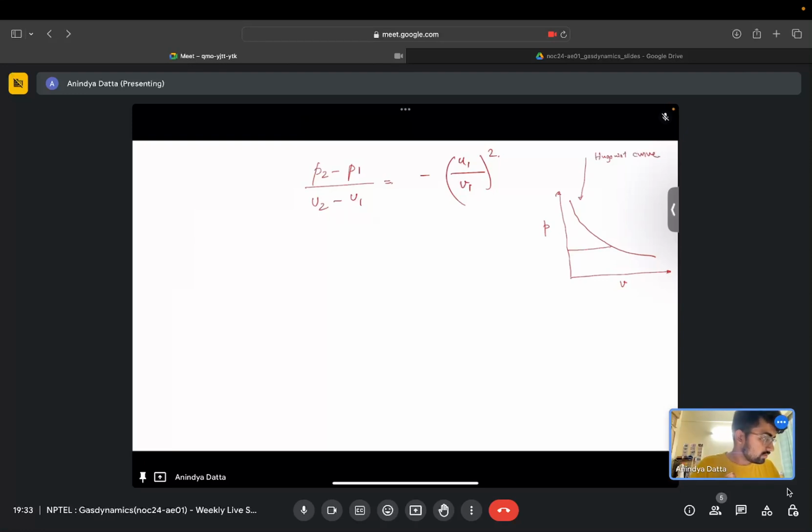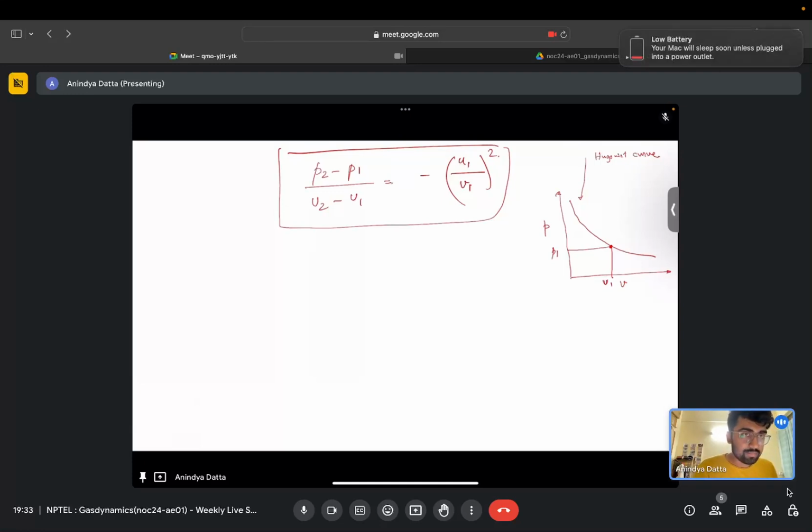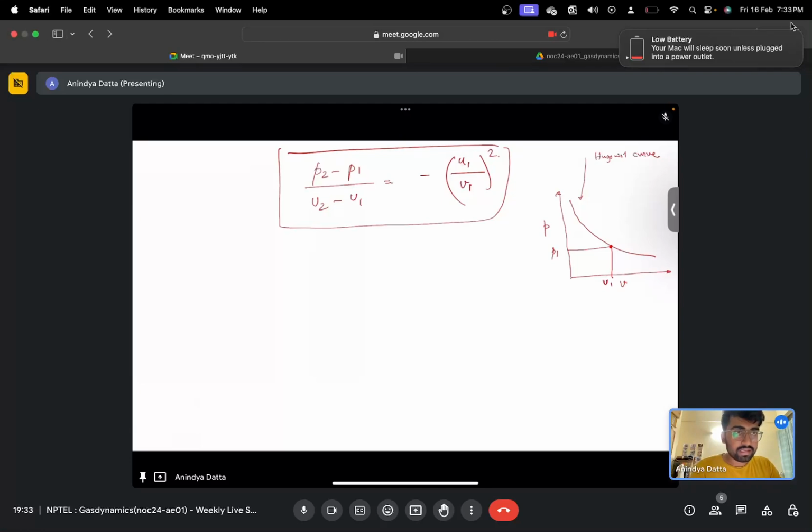Given an upstream condition P1 and V1, this equation is like the equation of a straight line approximation between 2 points.